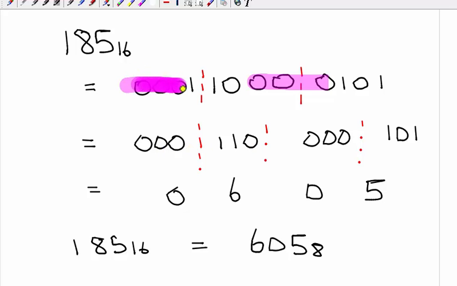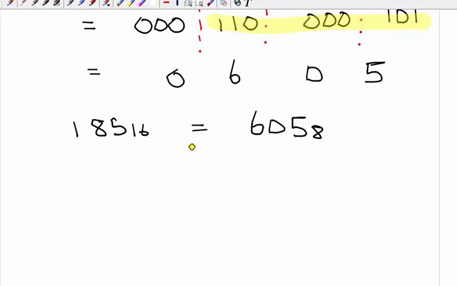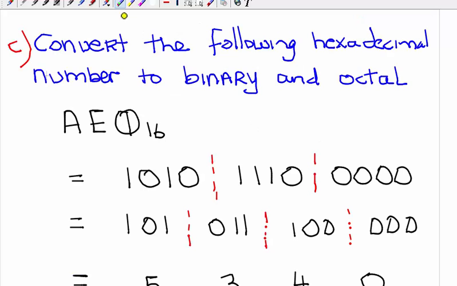These zeros at the start we can just ignore, and concentrate on these three sets of three numbers. So 101 gives us 5, 000 gives us 0, and 110 gives us 6. So 185 in base 16 is equal to 605 in base 8.